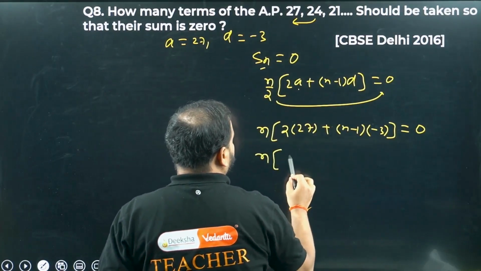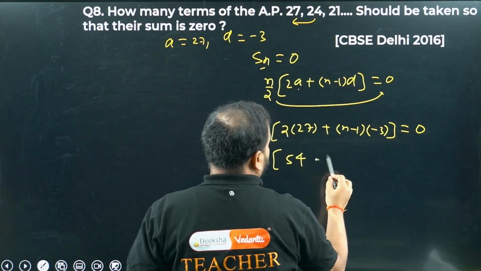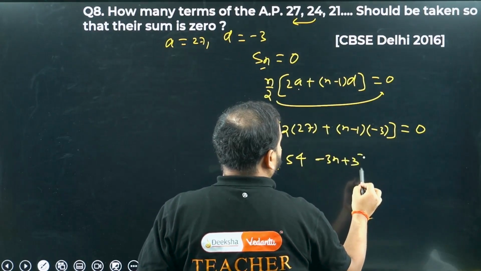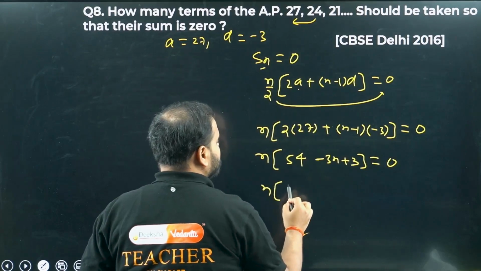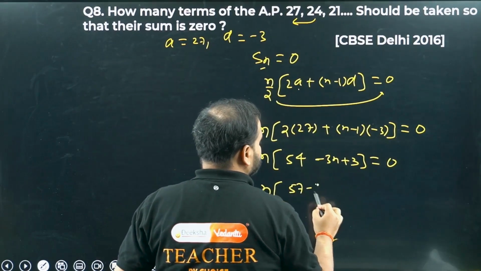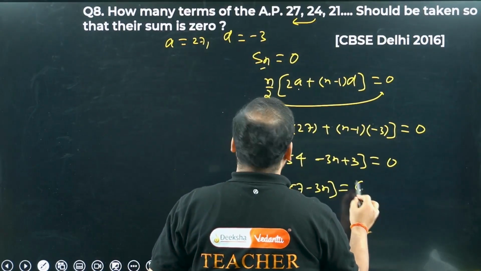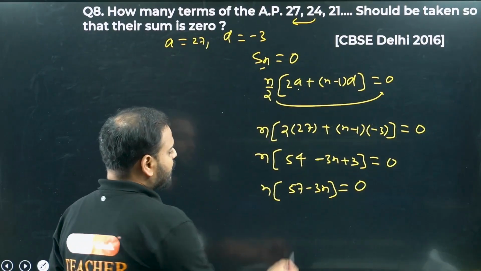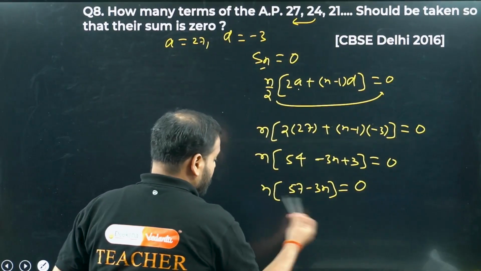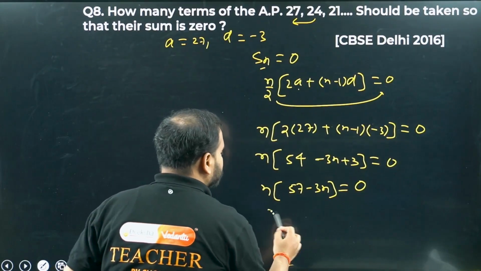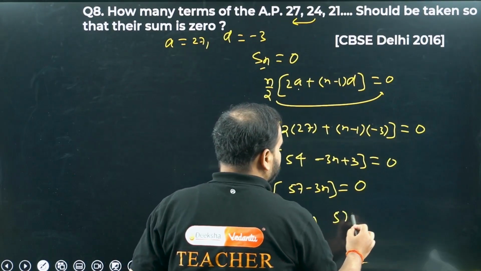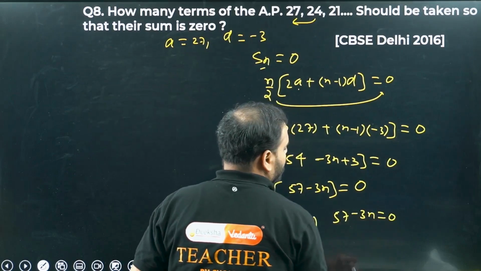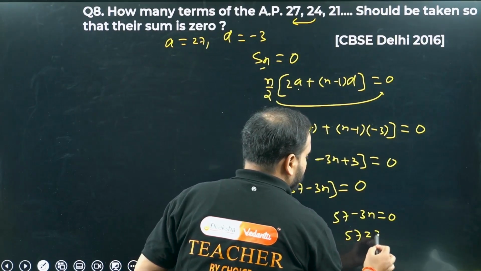N times (54 minus 3n plus 3) equals 0. 54 plus 3, please check: 57 minus 3n equals 0, right? It's already factorized. Equate both factors: either n is 0 or 57 minus 3n equals 0. So I get 57 equals 3n.